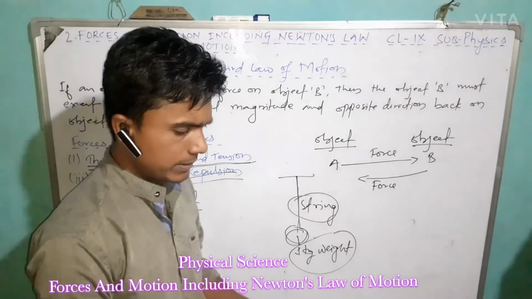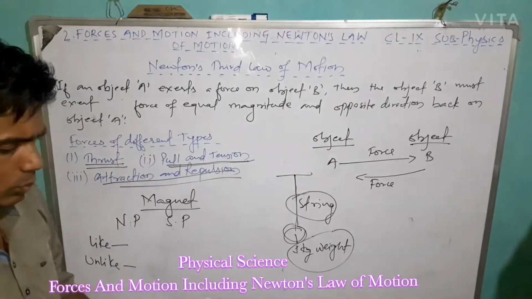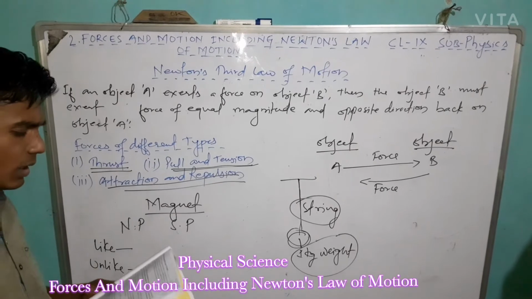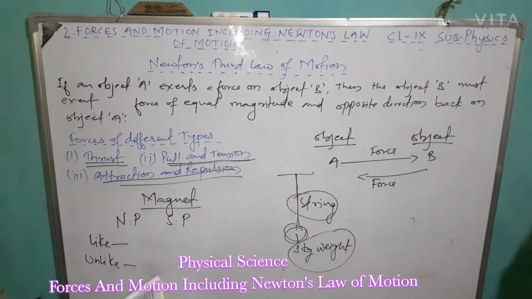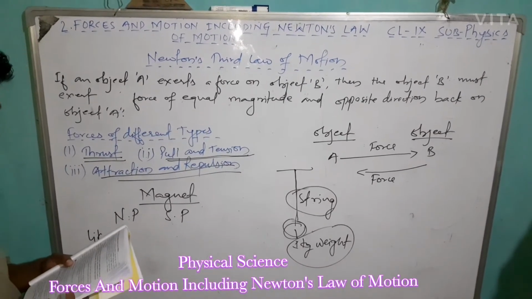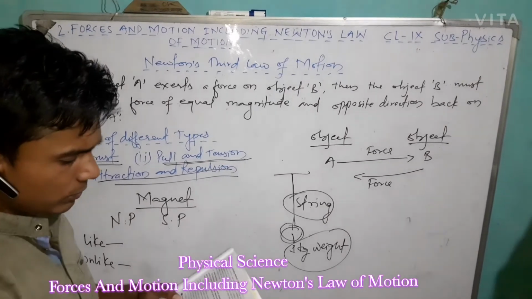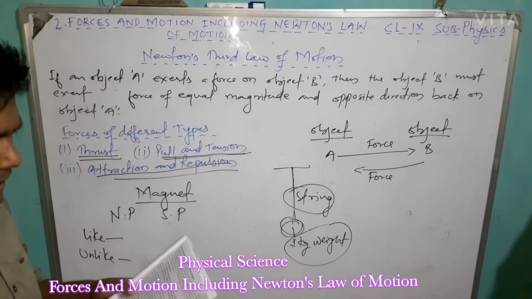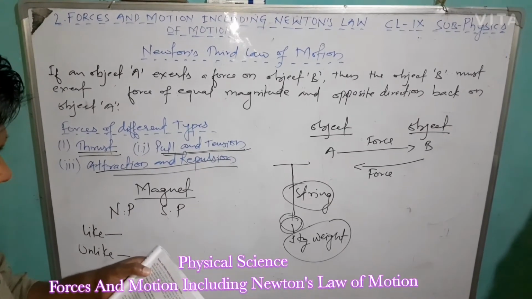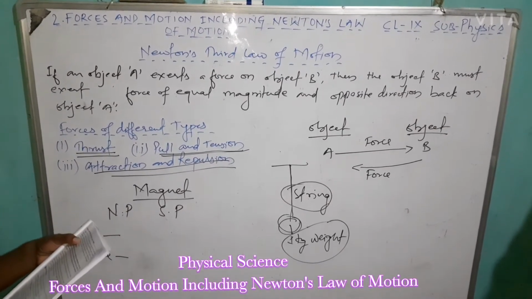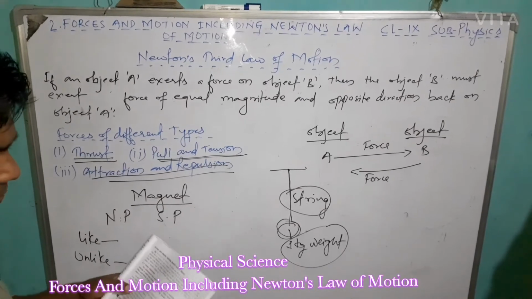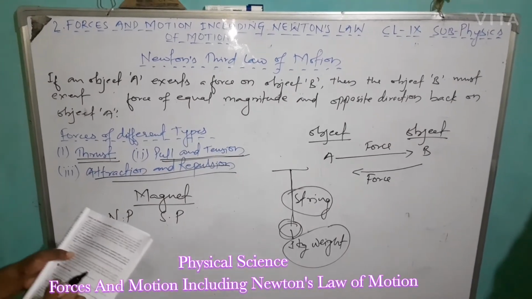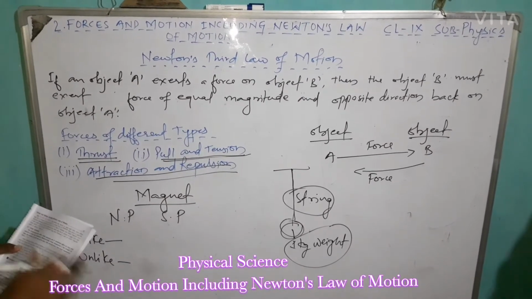That is at page number 35. What we got here is that attraction takes place in opposite directions between the earth and the body on or near it, between two unlike magnet poles or two unlike electric charges. Unlike means between two unlike magnet poles or unlike electric charges.